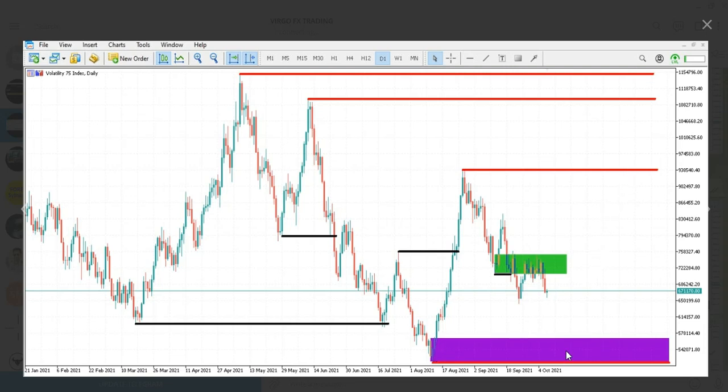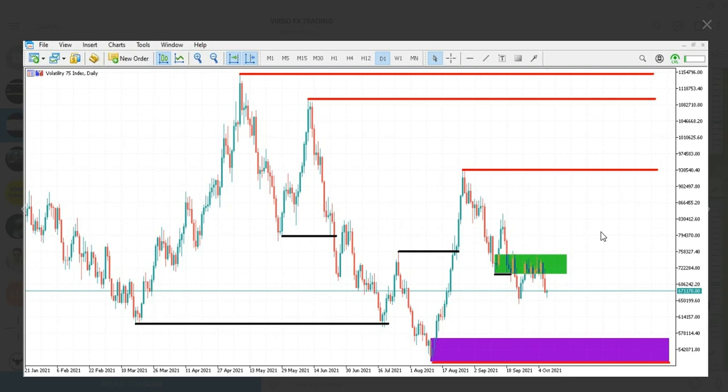Whenever that happens, this will be our take profit 1, take profit 2, and this will be our take profit 3, only on daily time frame. So we expect price to come down here to respect this order block, and then push up.